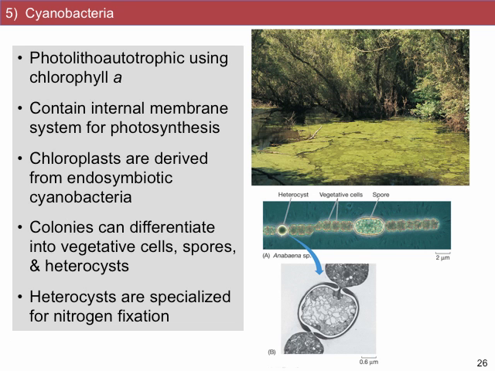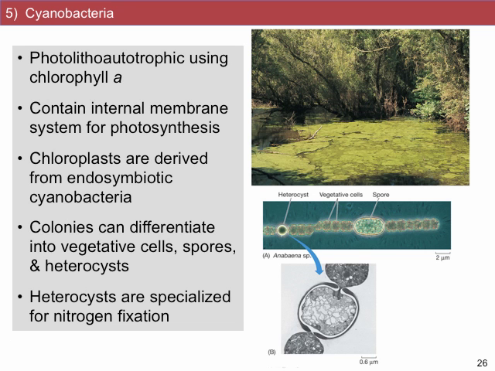A fifth group of bacteria are the Cyanobacteria. We'll hear a lot more about them because they are the source for chloroplasts, and that's the lineage that chloroplasts evolved from. All that have been characterized so far are photolithoautotrophic, and they use a particular compound called chlorophyll A to capture the energy of light.